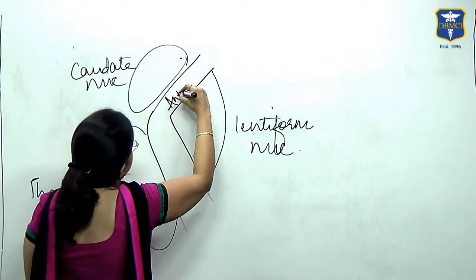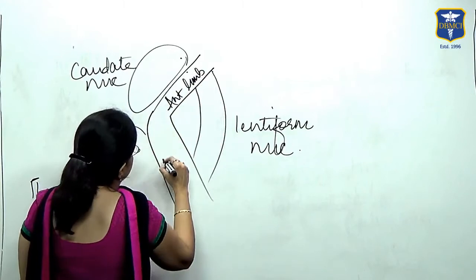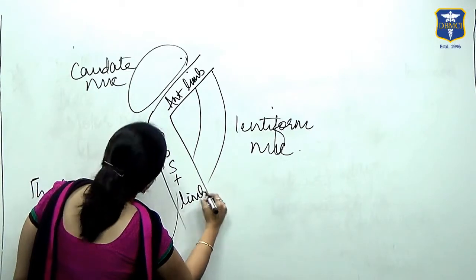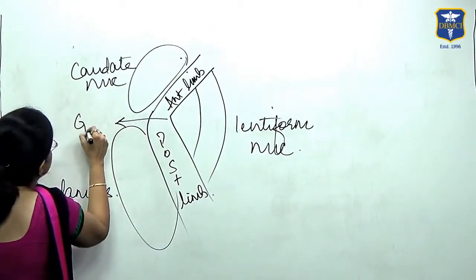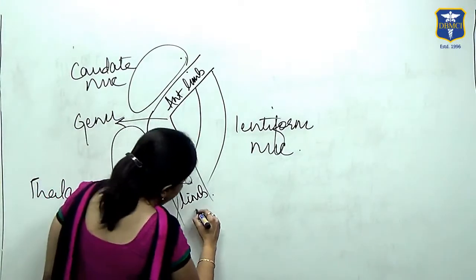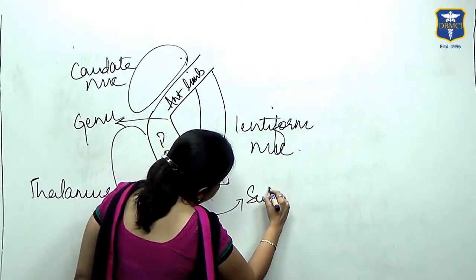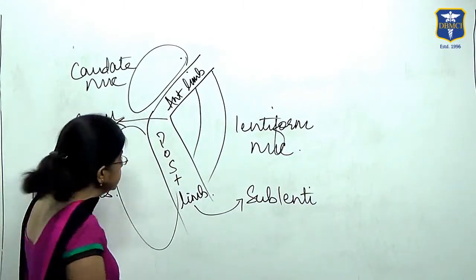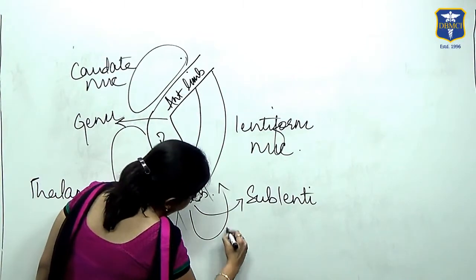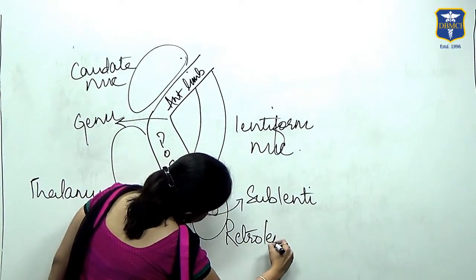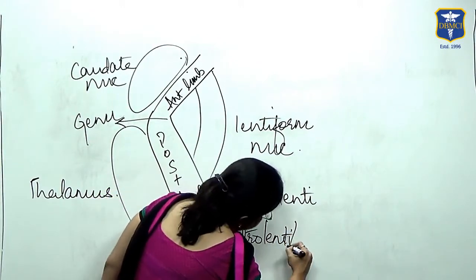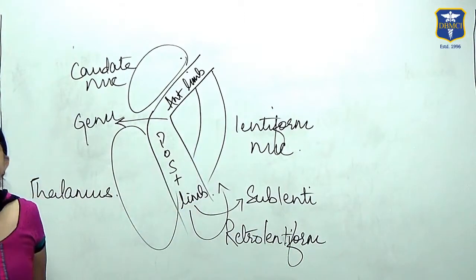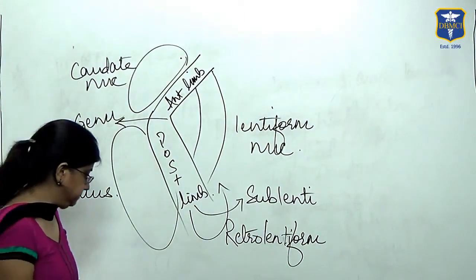Let us look at the parts of the internal capsule. This is the anterior limb. This is the posterior limb. This is the genu. And then we have the sublentiform part, which is below the lentiform nucleus, and a retrolentiform part, which is posterior to the lentiform nucleus.